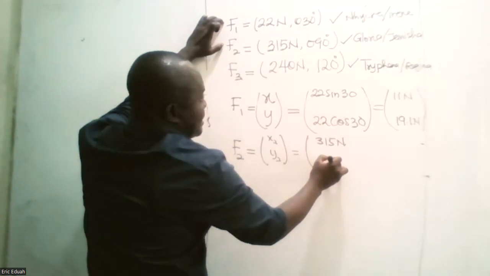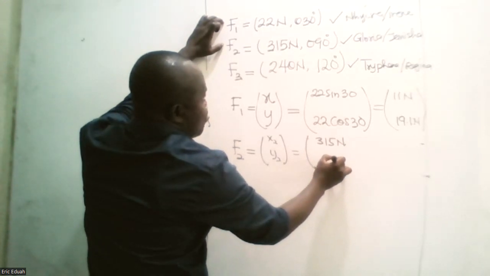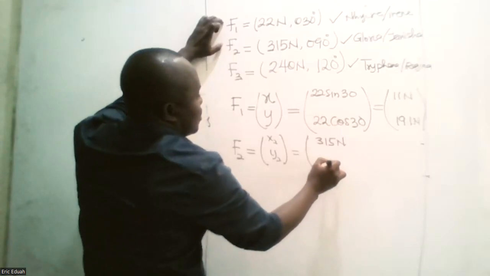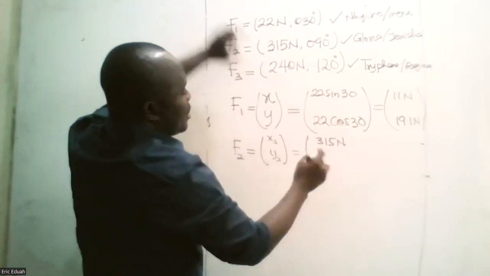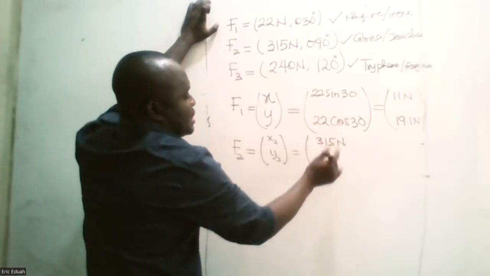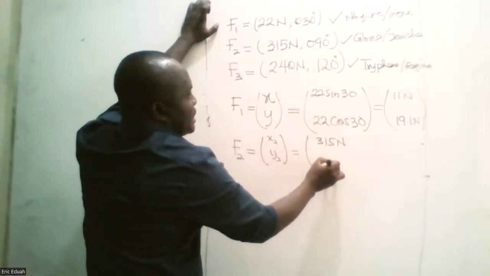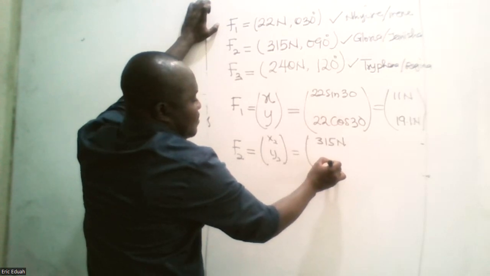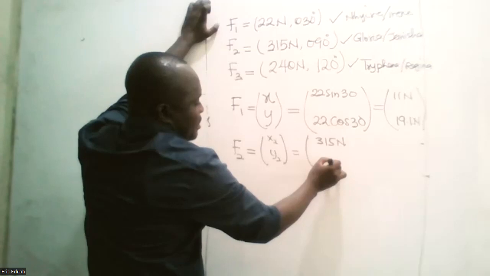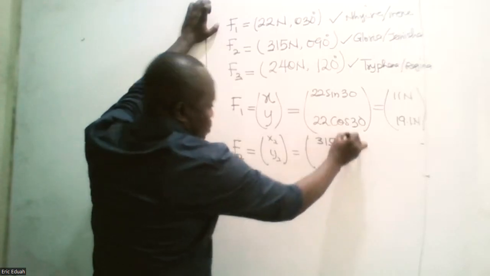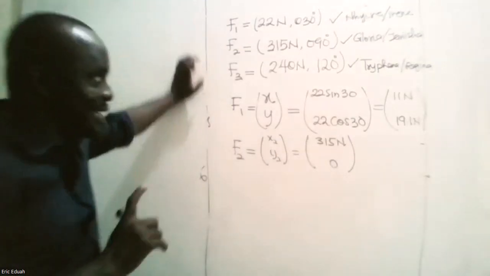And Y is... oh no, you have given me the X component. What about the Y component? That is 0. Yes. So we shall see whether you are right or wrong.